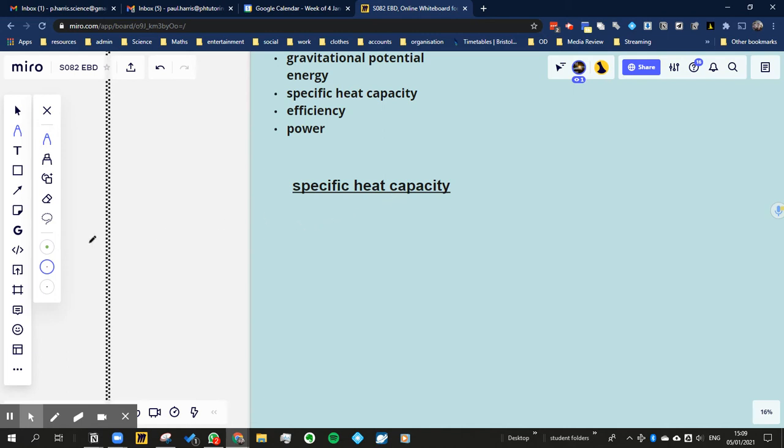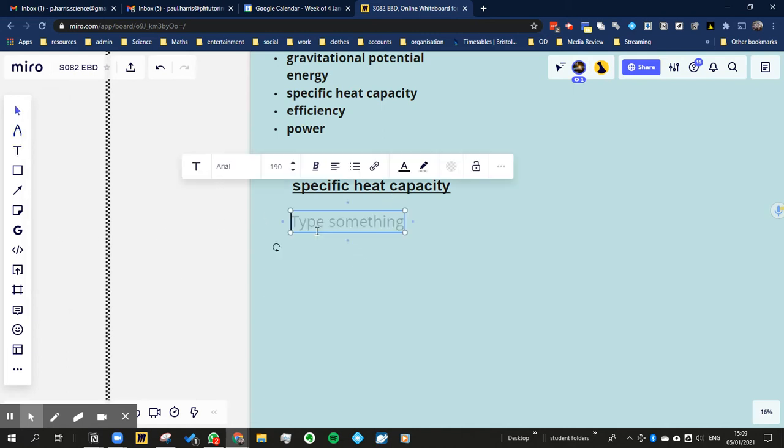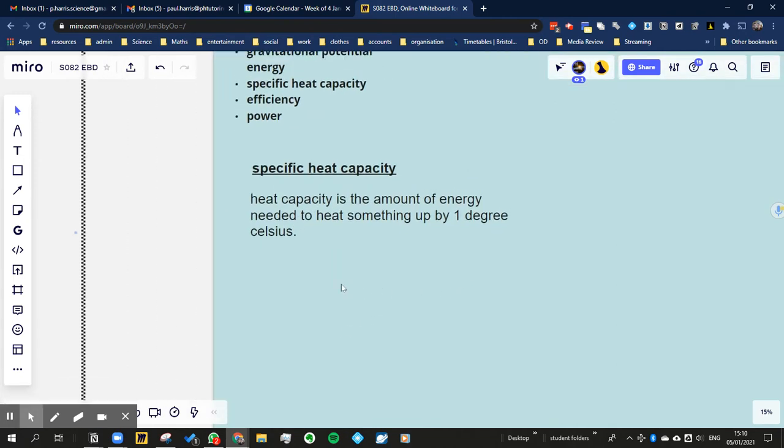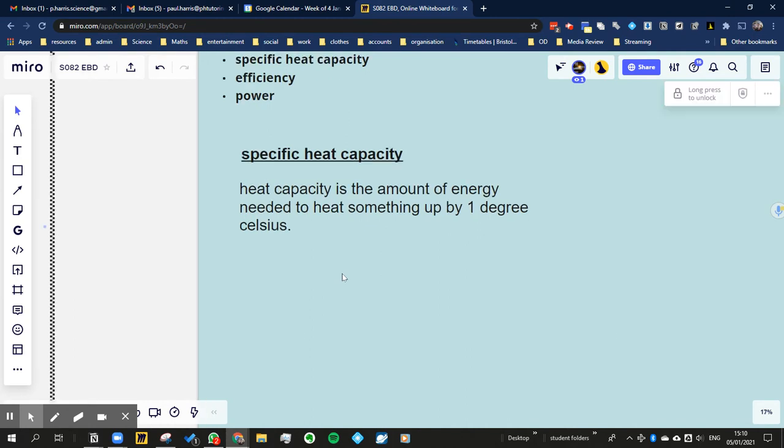So heat capacity. The heat capacity is the amount of energy needed to heat something up by 1 degree Celsius.